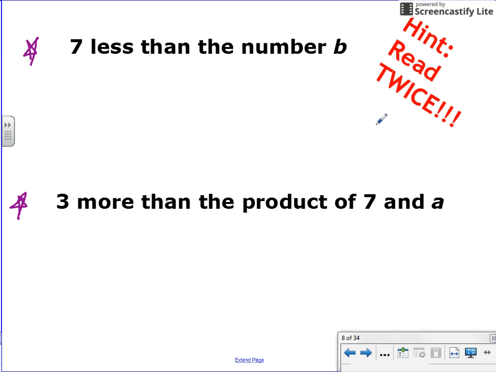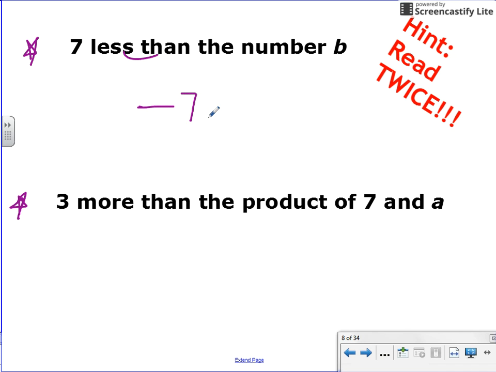Read it twice. 7 less than the number b. 7 less than the number b. Less than we put in our list, and we said, hey, that stands for a subtraction. You're correct. But what are you subtracting? I'm saying it's 7 less than. I'm taking away 7. 7 is what has to go back here.